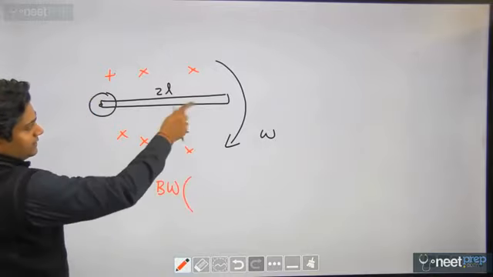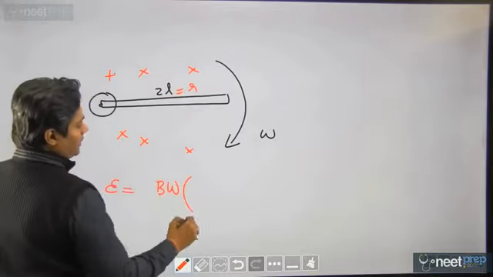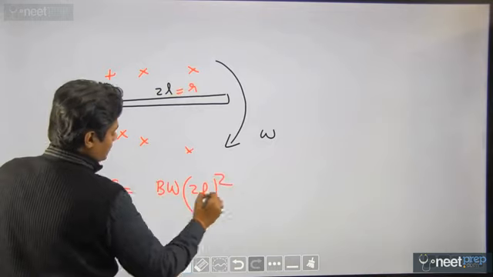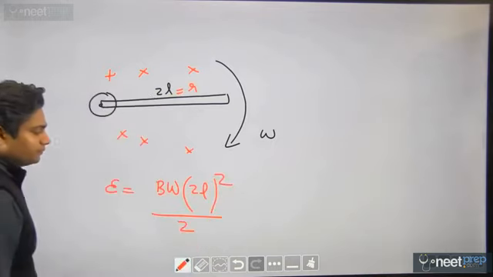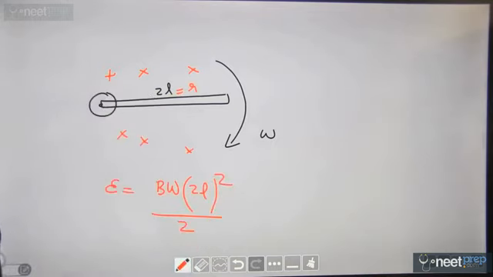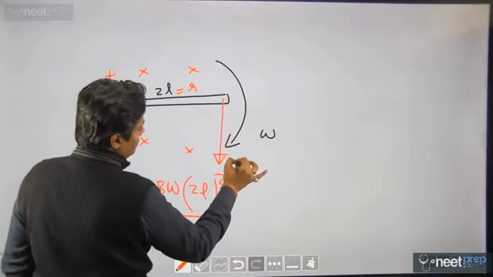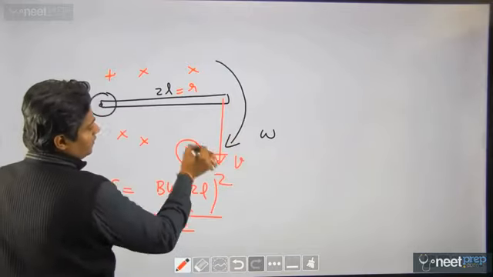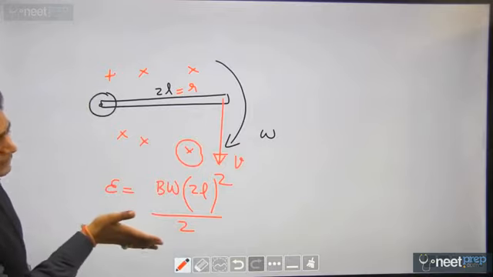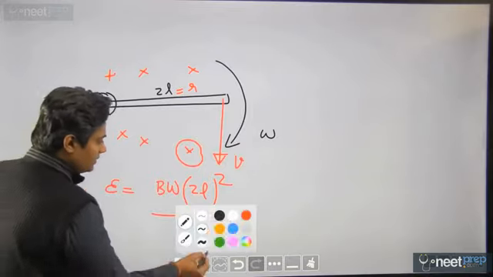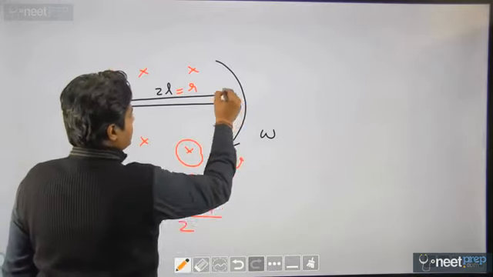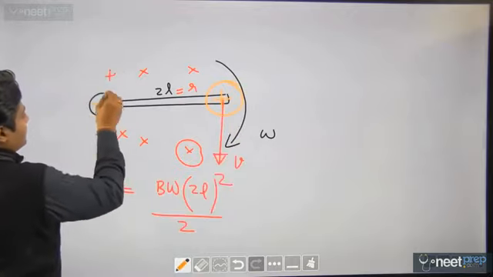What is r? Radius. So in this case the radius is 2L, so B omega (2L) square by 2. Now we have to decide which is positive. For that we have to identify the direction of velocity and the direction of magnetic field, V cross B. When you take V cross B, you can clearly see that this is the positive direction and this is the negative direction.